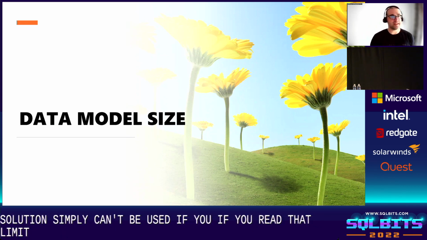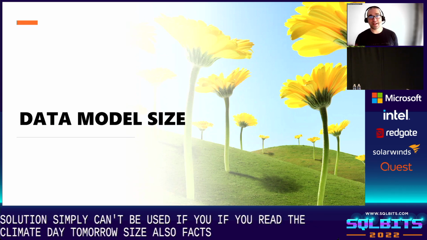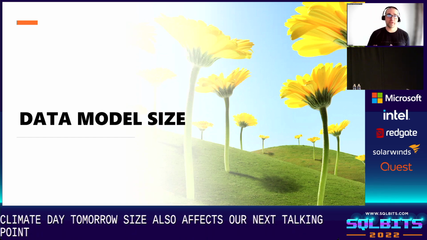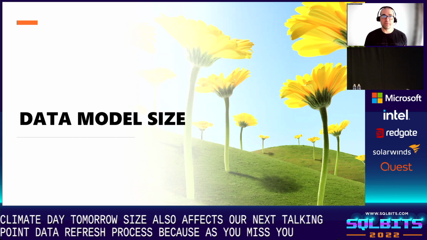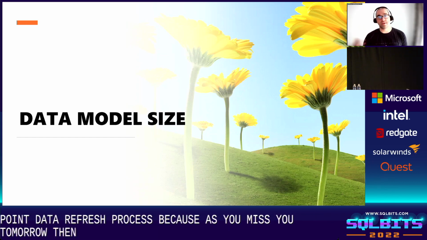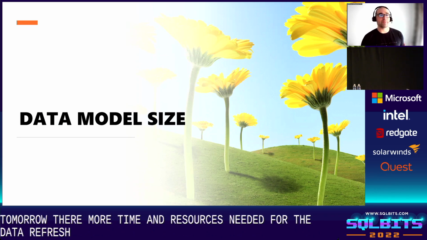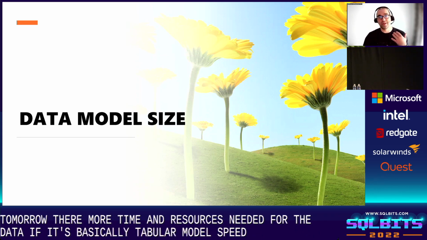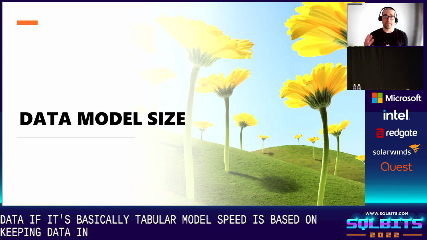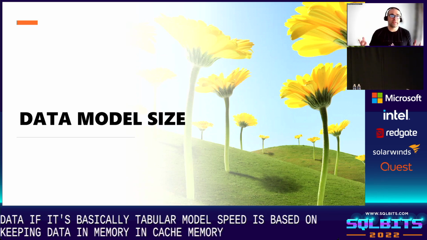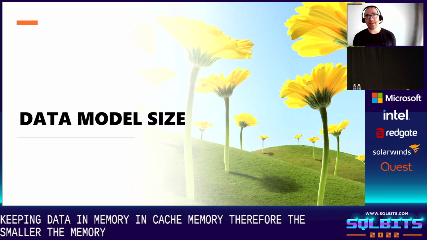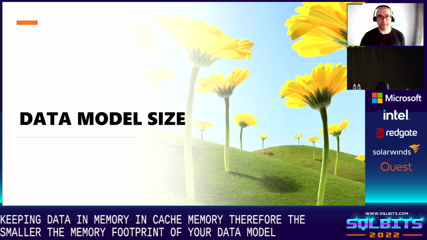Data model size also affects our next talking point, the data refresh process. Because as you may assume, the larger the data model, the more time and resources are needed for the data refresh. Basically, tabular model speed is based on keeping data in memory, in cache memory. Therefore, the smaller the memory footprint of your data model, the faster it will be.